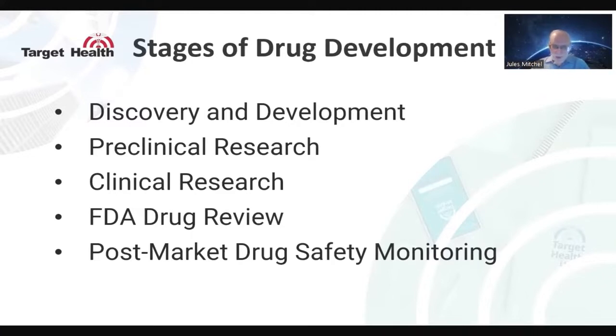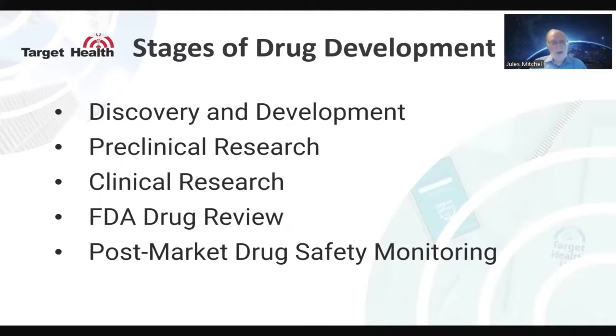The next part we do, once we have this concept, is meet with FDA, which we'll go into a little bit later. And then we do clinical research, and we'll go through all the different phases of clinical research later. But there's a whole process, very well thought through and with a lot of experience. Then ultimately we have the FDA review process, which is really the whole idea of having the regulators buy into our development plan.